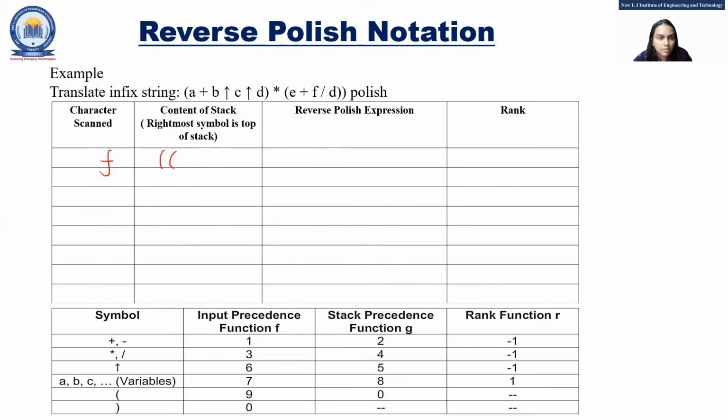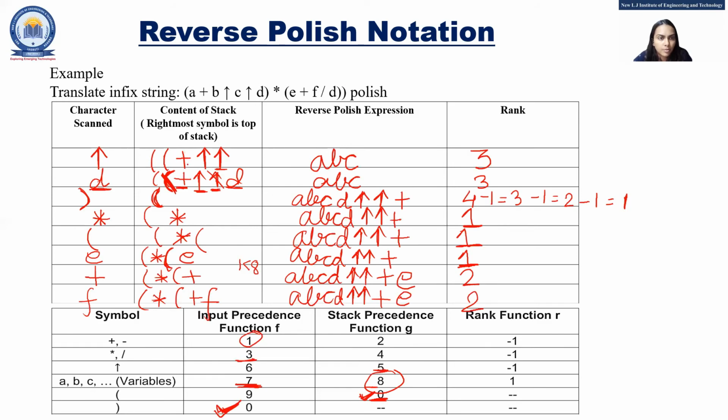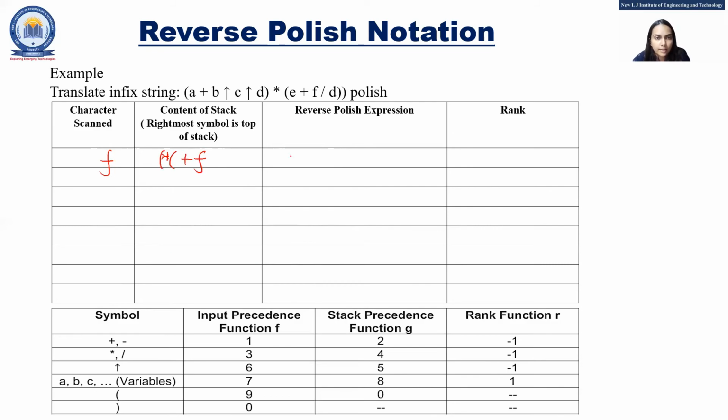Sorry, here it is star plus F and A, B, C, D plus E. And here it is 2. Now we have divide. F is definitely having higher precedence than divide. So we will pop it out. So A, B, C, D and here E, F. So on adding F, rank would be 2 plus 1, that is 3. Next is divide, that would be pushed over here.